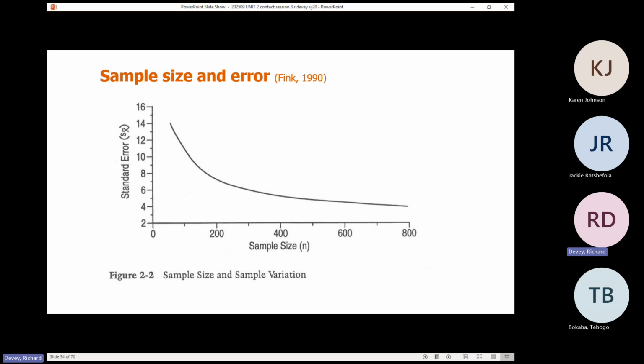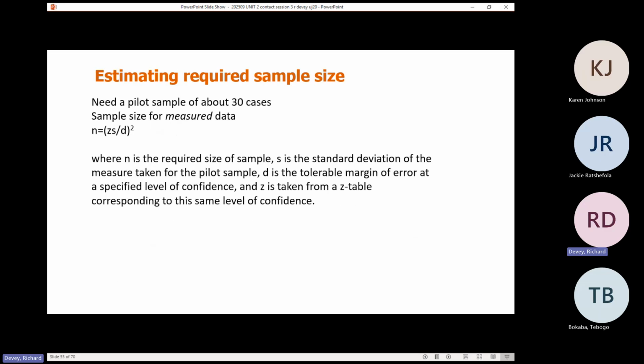And you'll notice that as you get to larger sample sizes, the error doesn't get any worse. And you'll see with the sample size table that I'll show you in a minute, that as you get to a bigger population, you don't need such a large sample to represent that population, because the big sample is representative. Okay, we can estimate required sample sizes, and this is an example of a formula that we can use.